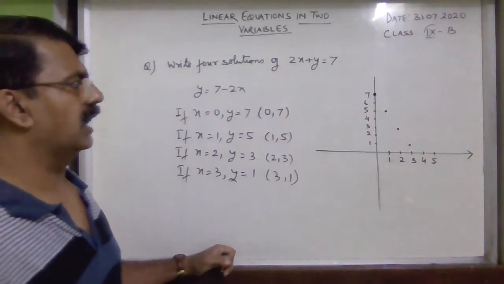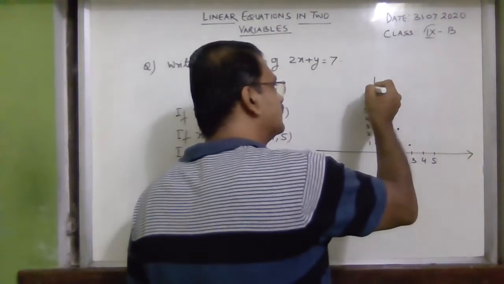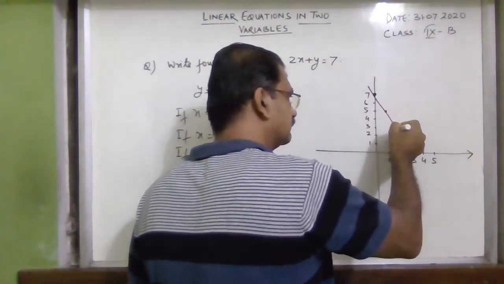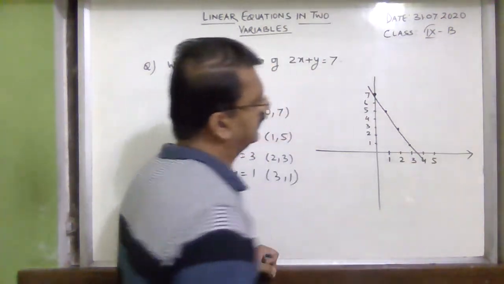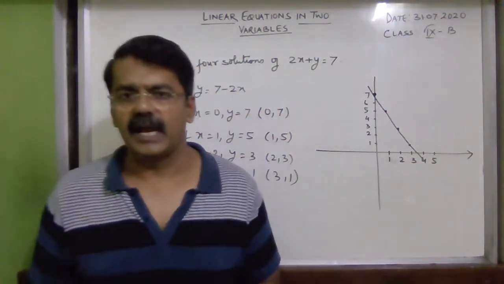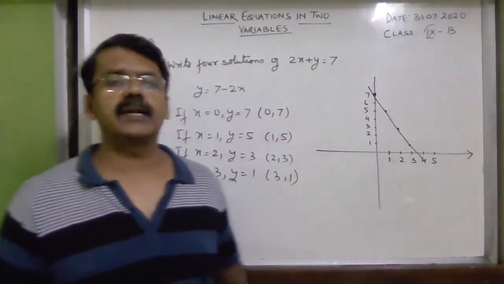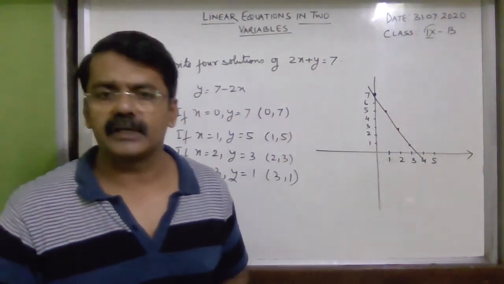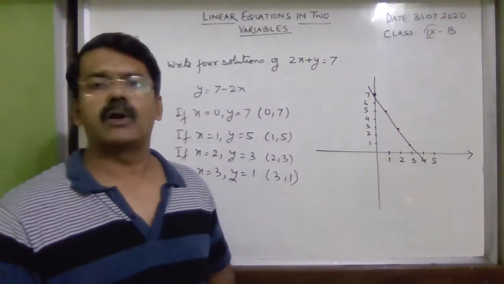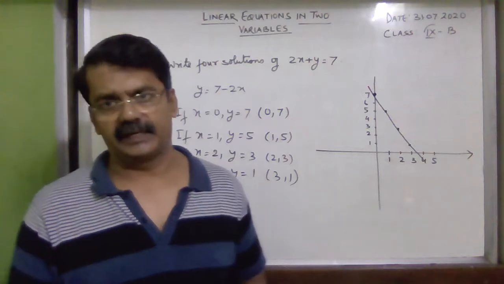Clear? And now if you join these points, you will see we get a straight line. As I told you, it's a linear equation, and whenever you draw the graph of a linear equation, you will always get a straight line.